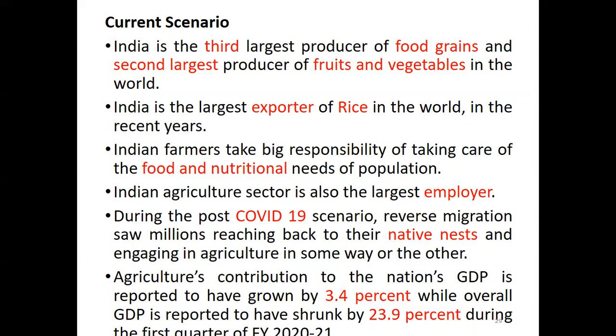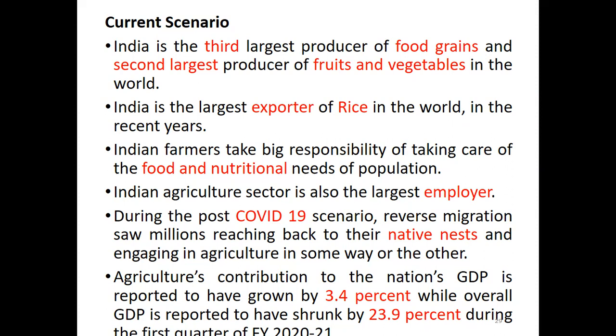We have had an experience during the post-COVID-19 scenario: reverse migration. Millions reached back to their native places and engaged in agriculture in some way or other. People who were working in the city areas also went to their native places during COVID time and engaged with agricultural activities.